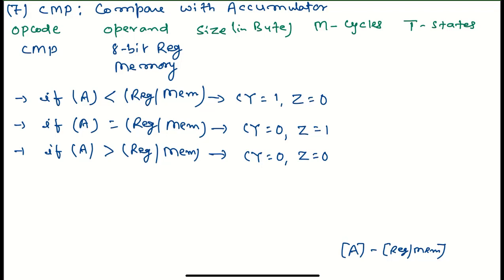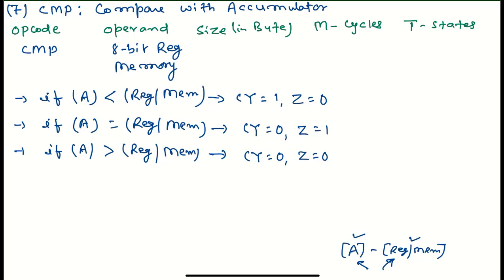So what is the major point? Whenever it performs this subtraction, it happens with the help of the 2's complement subtraction method, which is adopted by the 8085. After performing this subtraction internally, as per the result it shows the carry flag as well as the zero flag, but it does not change the content of the accumulator or the content of the register or memory.